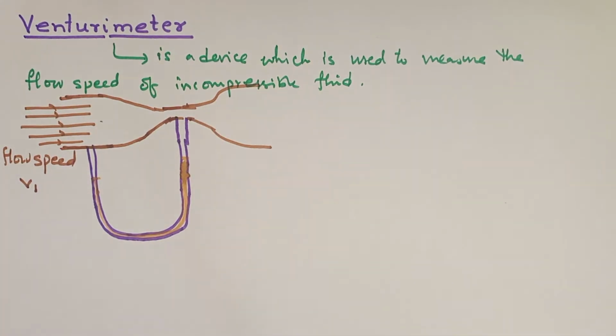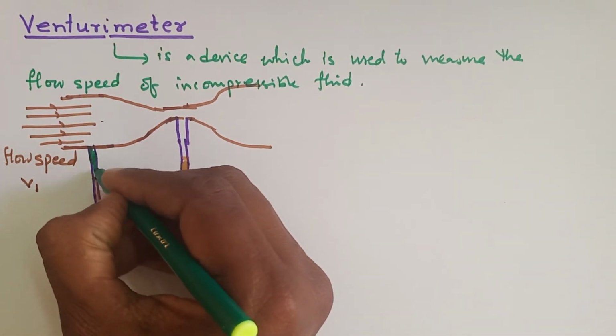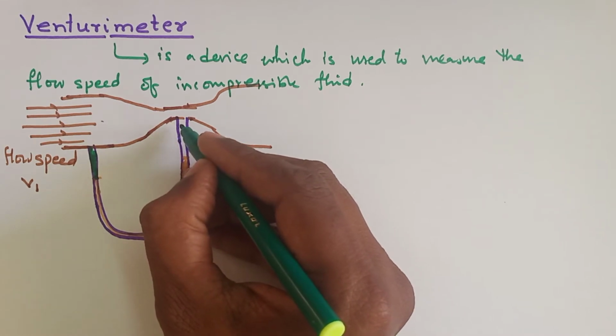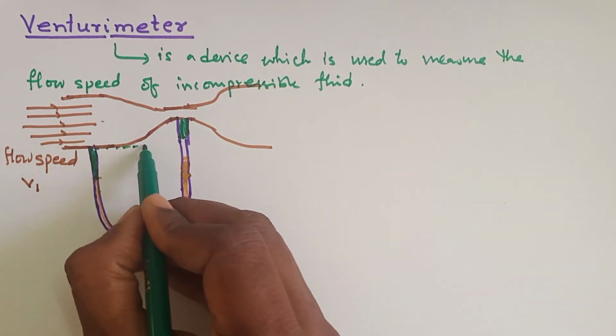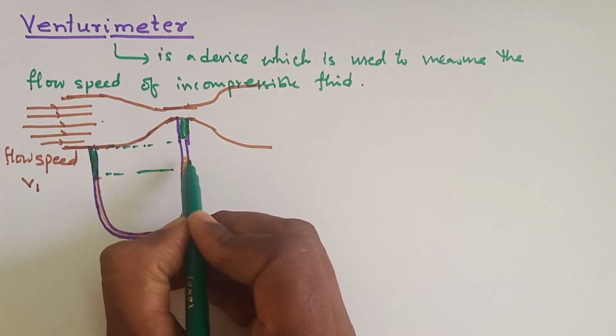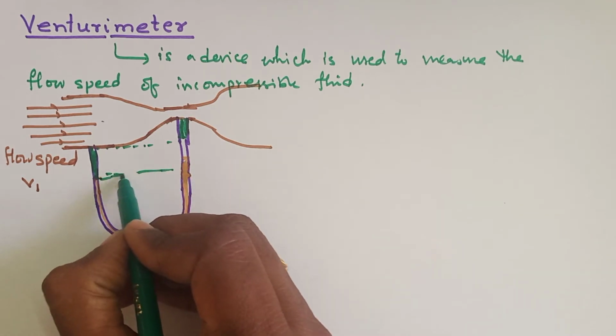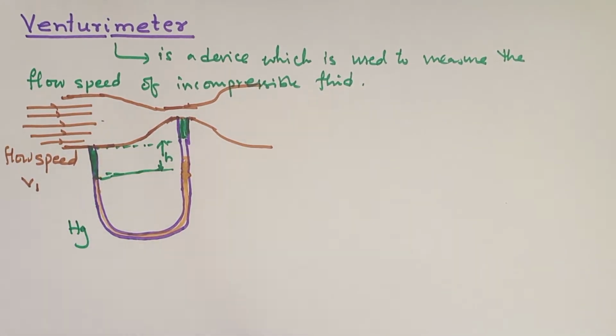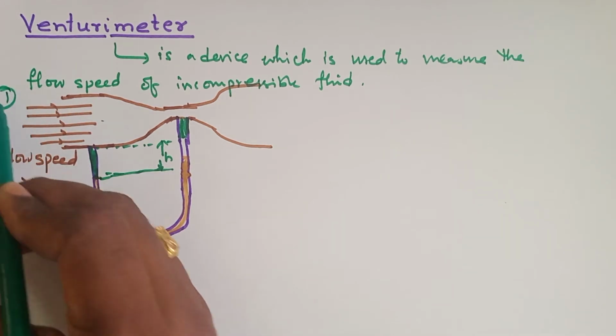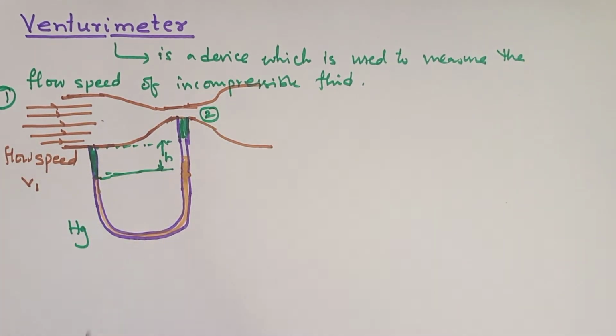Now the fluid which is like this, there is a height difference called H. This is filled with mercury. Now choose that this is region 1, this is region 2.